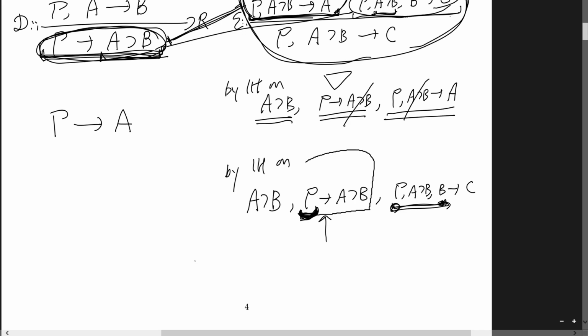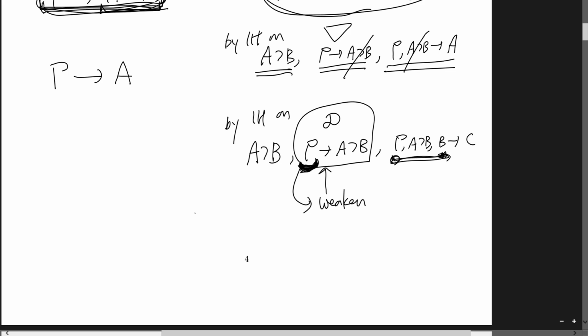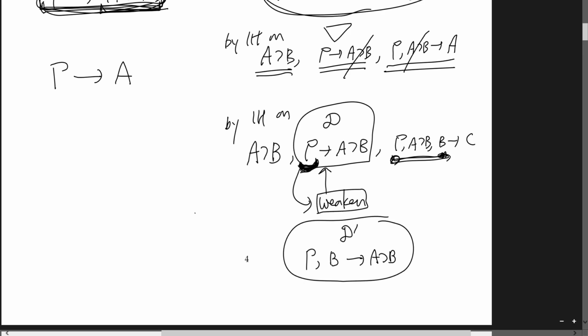So as a trick, from the proof of this one, this is the original proof D, we'd like to weaken, and then produce gamma, B arrow A implies B. So this is, let's say, D prime. An important point here is this weakening does not change the structure of the proof at all.